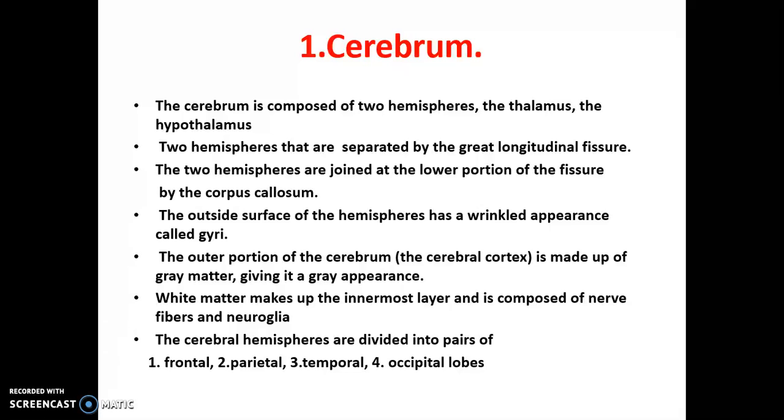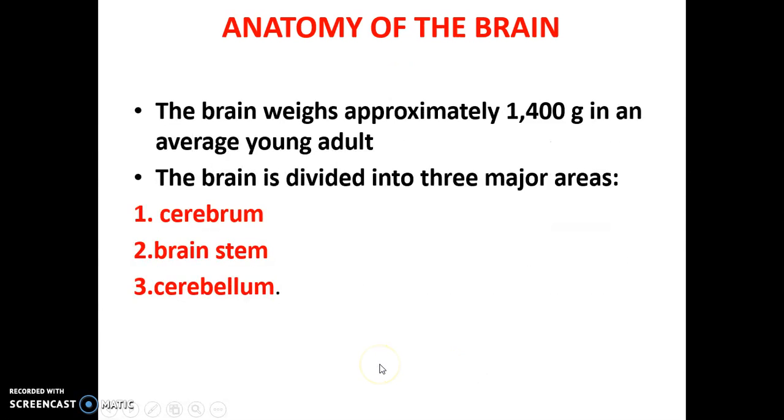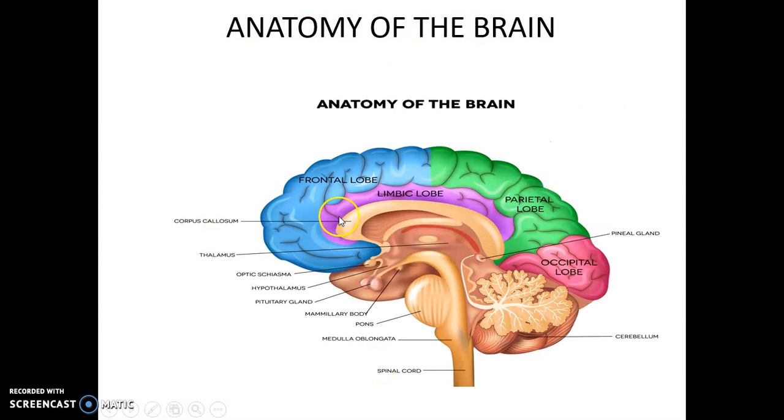It is made up of gray matter, so there will be a gray appearance. The innermost layer of the cerebrum is made up of white matter. So gray matter is outside and white matter inside. The cerebral hemispheres are divided into pairs of frontal, parietal, temporal and occipital lobes. So we can see here there are a lot of lobes.